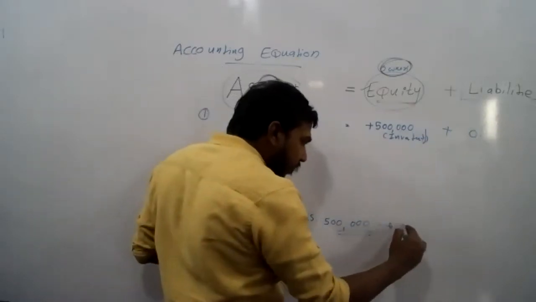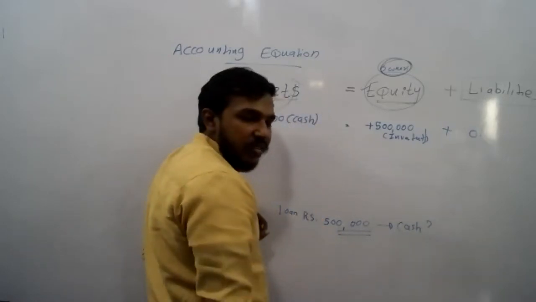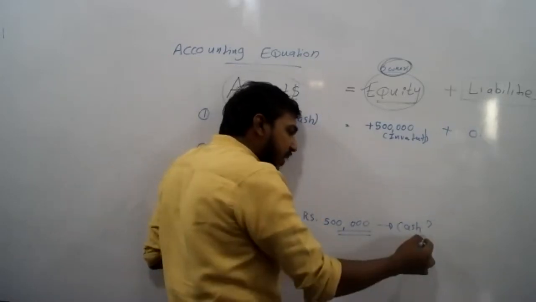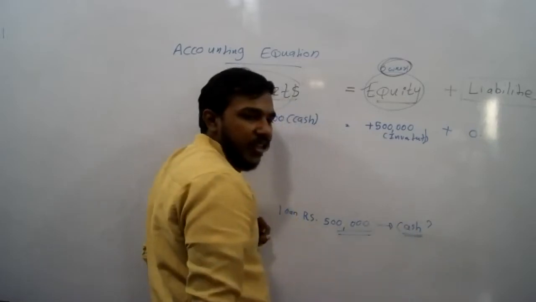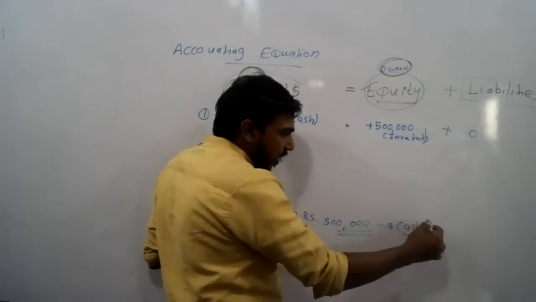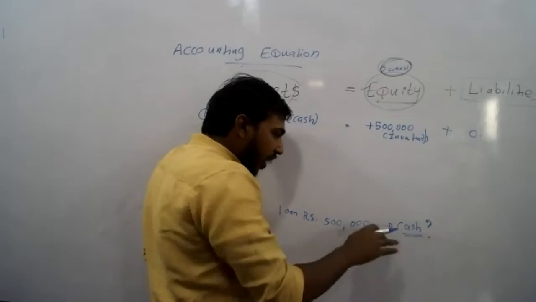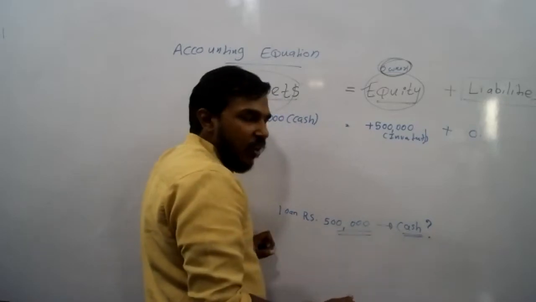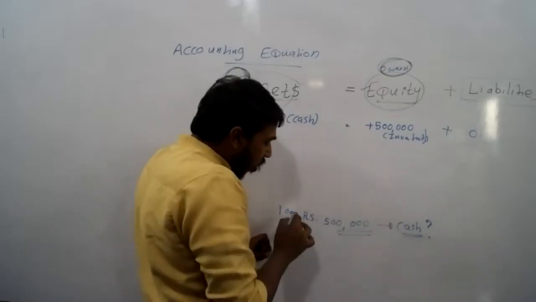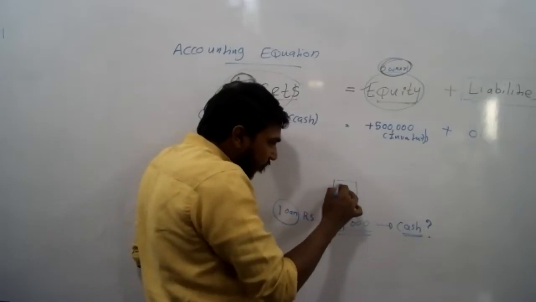First thing is you have to identify whether there is an impact for the cash. Clear? Once you obtain a loan, we'll say this is the HNB.